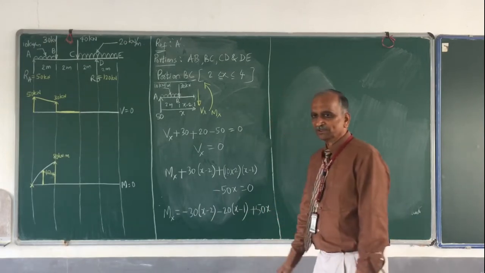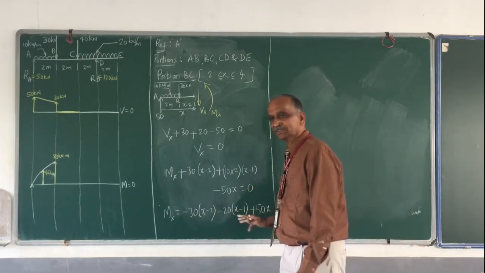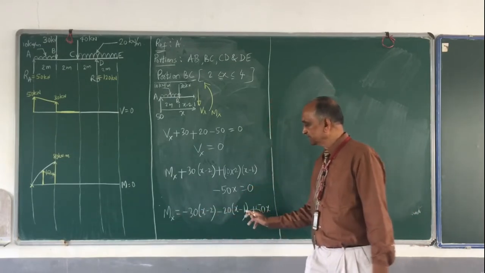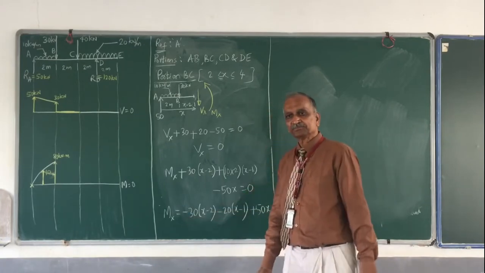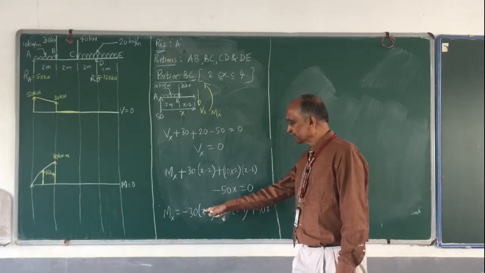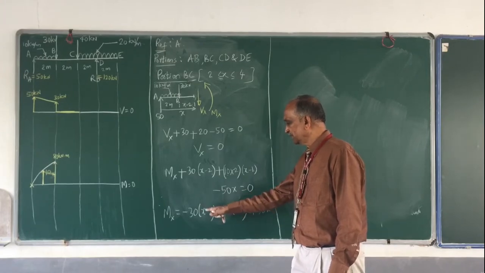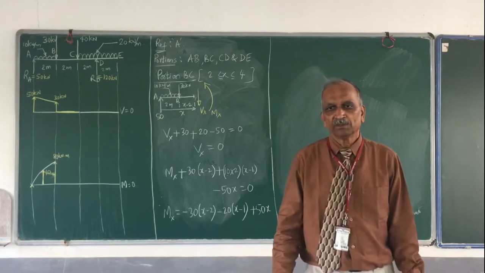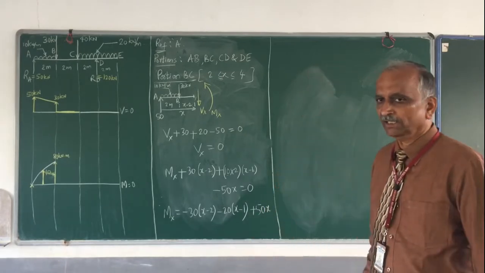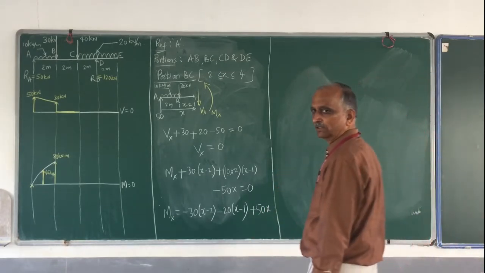Okay, what is your observation? Bending moment is not constant because of the presence of x. Bending moment varies. Check the power of x everywhere: x raised to 1, x raised to 1, x raised to 1. What does it indicate? The bending moment varies linearly. It is a straight line variation.